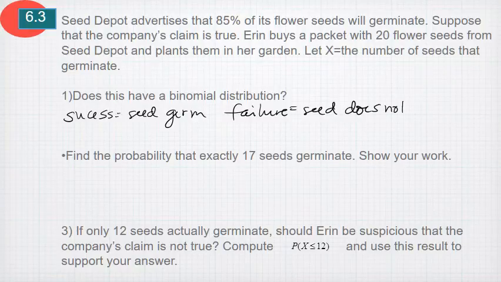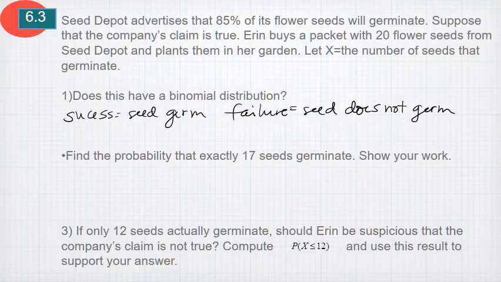So I have successes and I have failures, so we're good on binary. Are they independent? Possibly, although it's possible that one seed not germinating makes it more likely that others will not, but we're going to assume that it is independent.